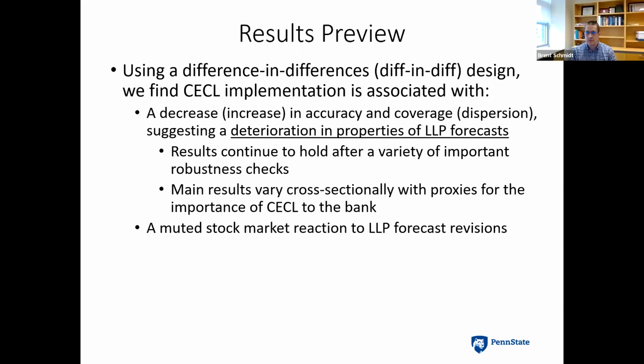Ayung? Hi, Brent. I just have a comment on how we interpret the results, the decreasing accuracy. One analogous thought I have is that under the incurred method, because of the probable threshold and required triggering events, analysts are forecasting some of those potentially publicly aware events. But after CECL, analysts have to forecast some discretionary managerial expectations, right?